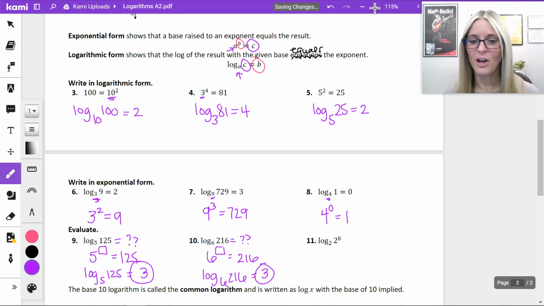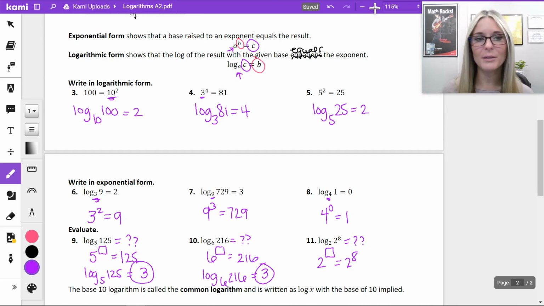Number 11, log base 2 of 2 to the 8th. Let's see. 2 raised to the what? What is the exponent? Is equal to 2 to the 8th. Okay. Wait, this notation looked really complicated, but when I rewrote it into exponential form, I can see what they need, right?